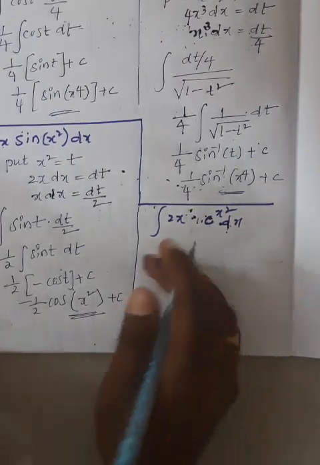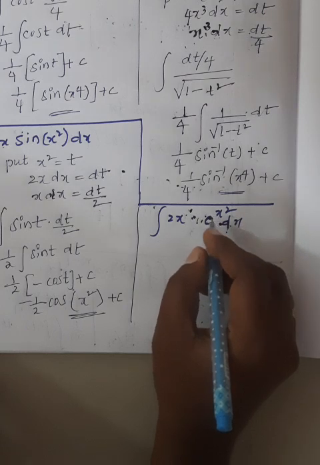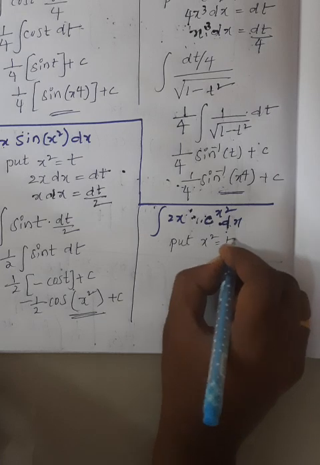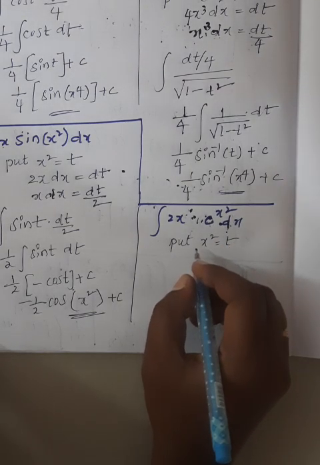So here also we have to take x square equal to t. So put x square is equal to t. Similarly differentiate both sides, you will get 2x dx is equal to dt.